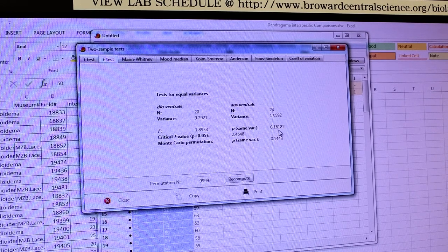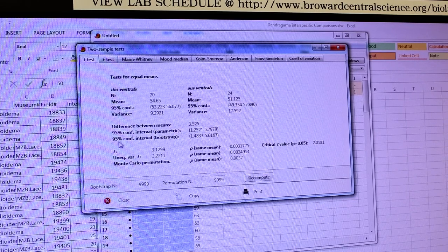Now you could use this same approach if you're doing a Bonferroni corrected t-test. Let's look at this again. So there's the probability of an independent groups t-test. Now if we decided to do Bonferroni corrected t-tests for those three species, and we made all possible comparisons, in other words 3 comparisons, we would need to multiply this by 3.